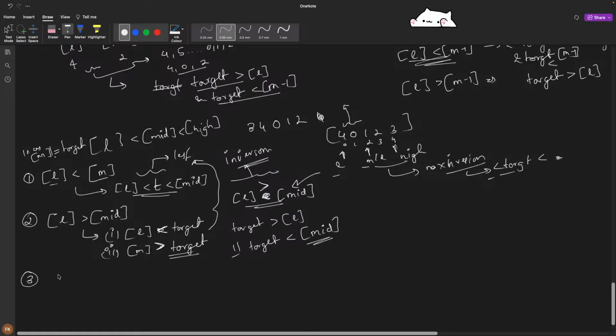Third case would be high is greater than mid, and target falls between these. Then we go right, or else high is less than mid.